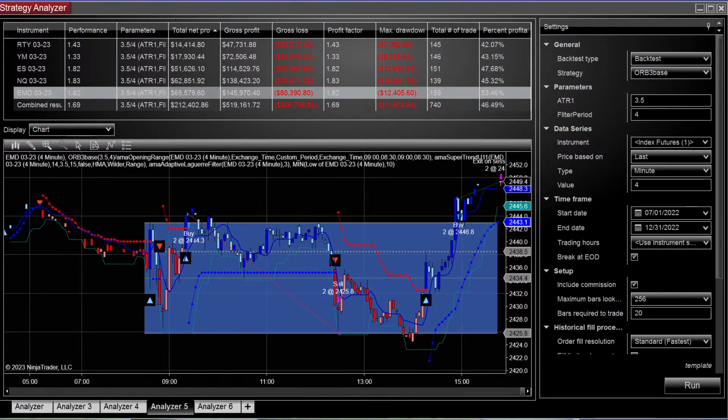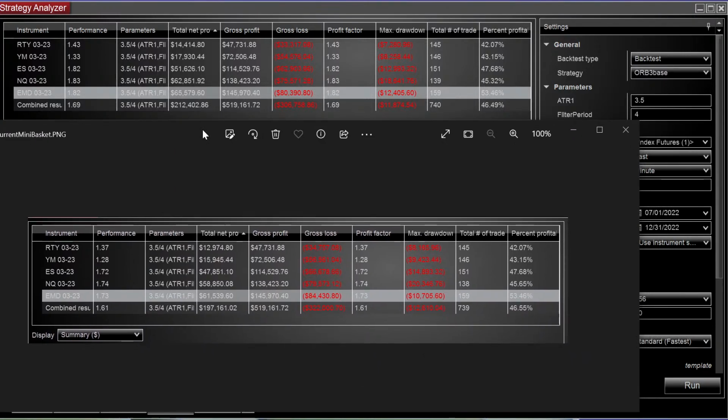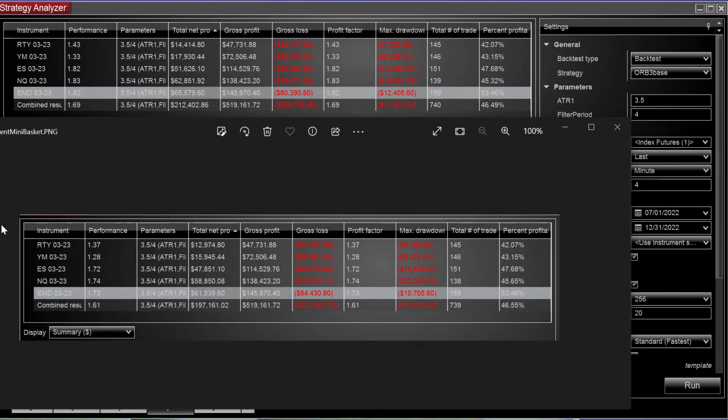Let's pull up our current mini basket baseline for comparison here. I want to look at each individual product first, real quick. For RTY, we have more profit, less drawdown, higher profit factor. YM, more profit, less drawdown, higher profit factor.